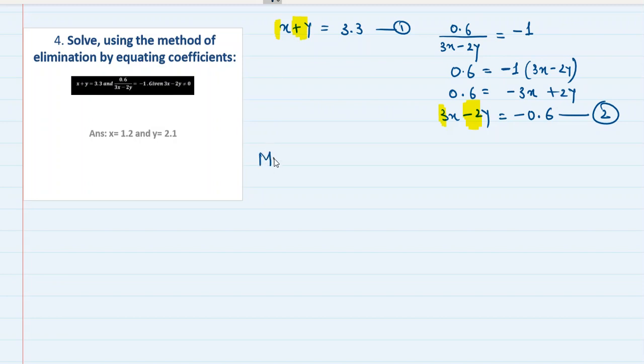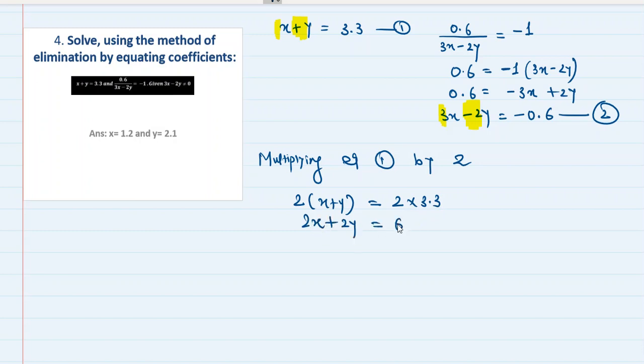So multiplying equation 1 by 2, what will I get? 2 bracket x plus y is equal to 2 multiplied by 3.3, that is 2x plus 2y is equal to 6.6. Now this is equation number 3.